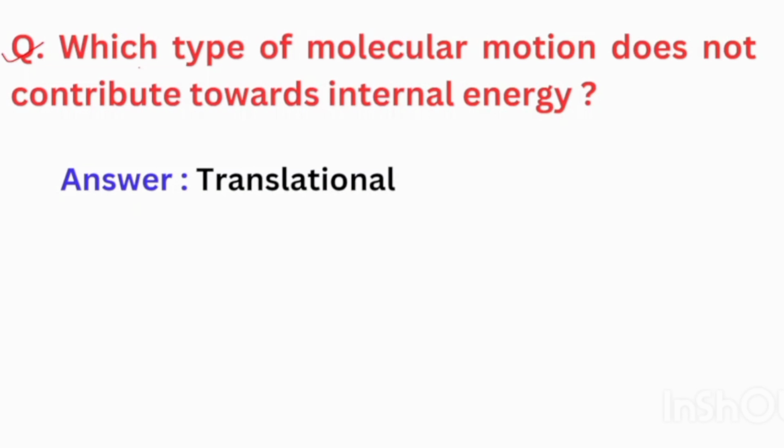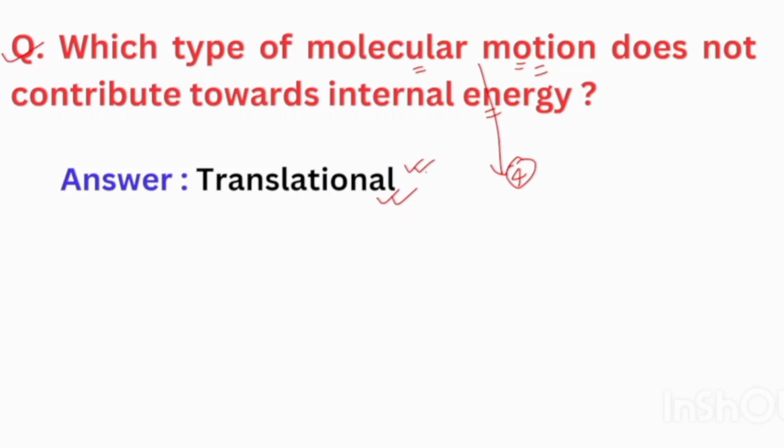Next is, which type of molecular motion does not contribute towards the internal energy? The answer is translational. Let's first understand what is a molecular motion. Molecular motion can be defined as the movement of constituent particles or molecules in a certain direction. And this molecular motion is of four types.